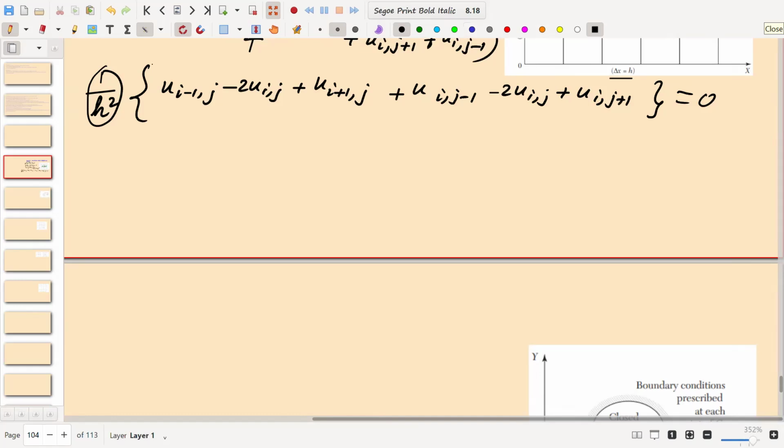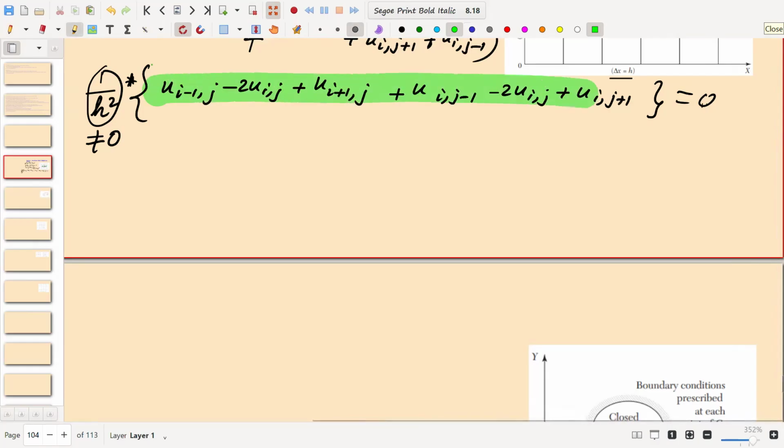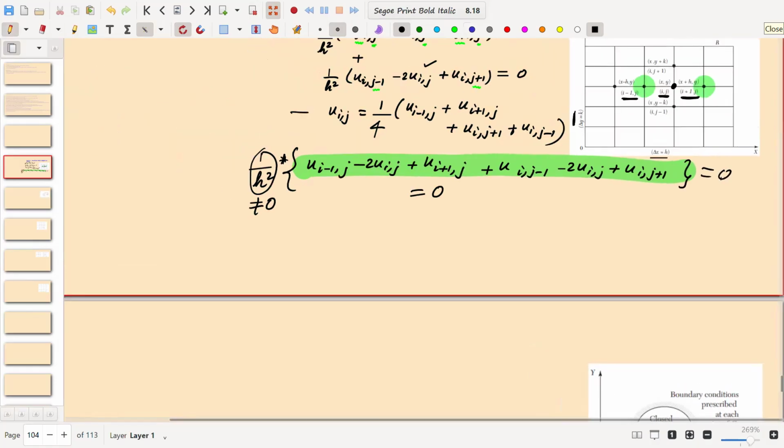It cannot be 0. If it is 0, there is no meaning of doing PDE. So this cannot be 0, and if you are multiplying something by it which equals 0, that means the full expression is equal to 0. Therefore, you will get u(i,j) equal to this.